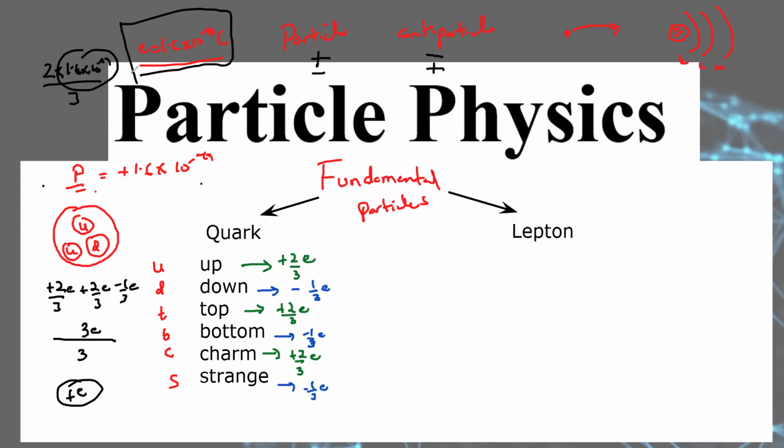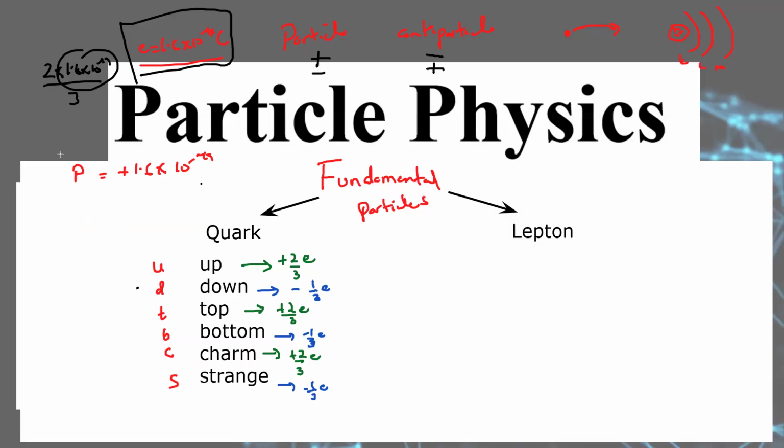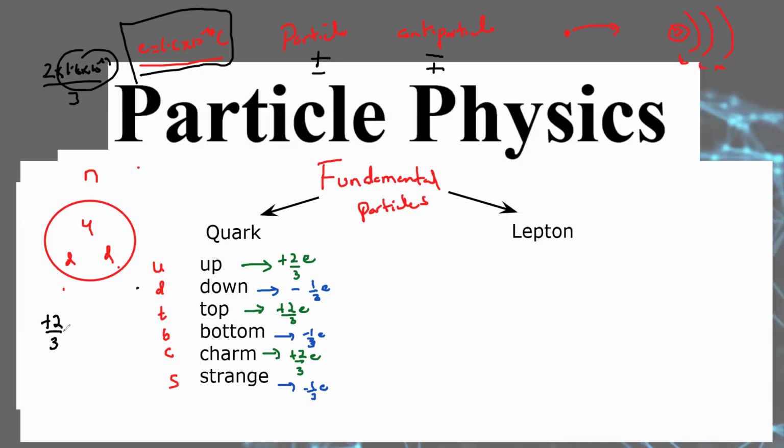Same thing. What about neutron? Neutron is also not a fundamental particle. Neutron also consists of quarks. What is the composition of the neutron? The neutron is made up of up, down, down. What is up? Up is plus 2 by 3e.